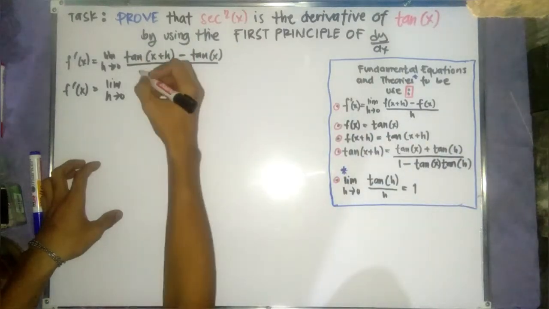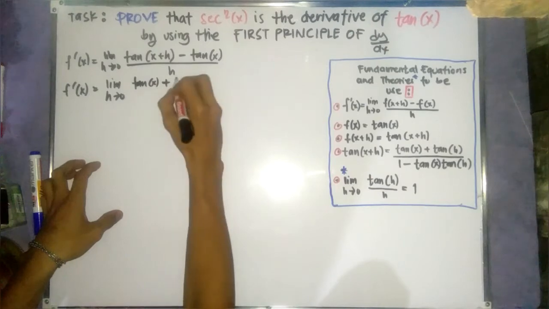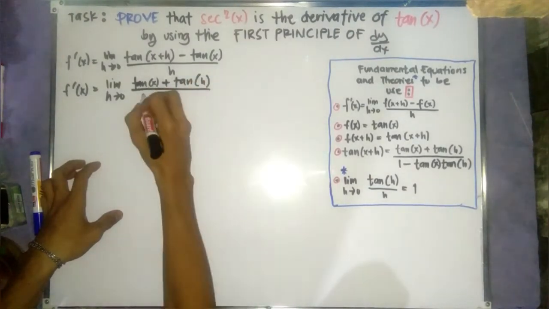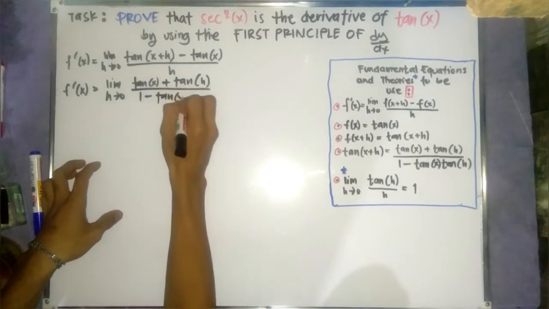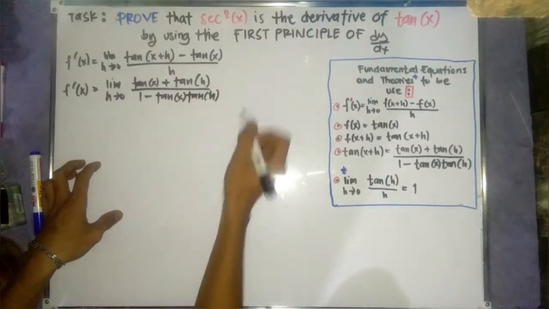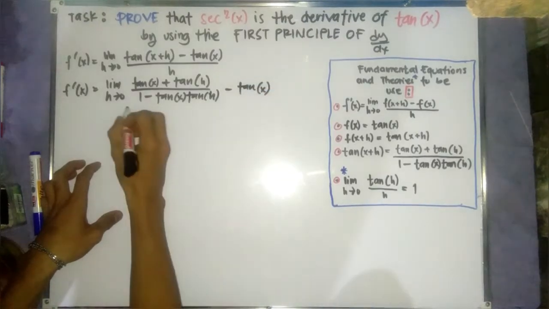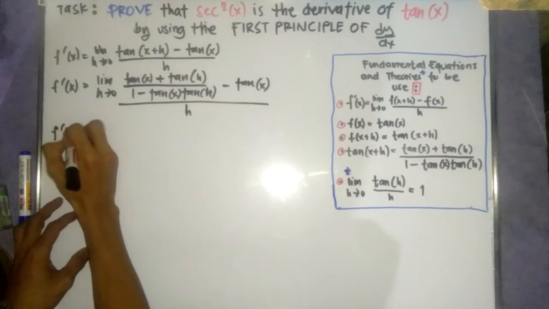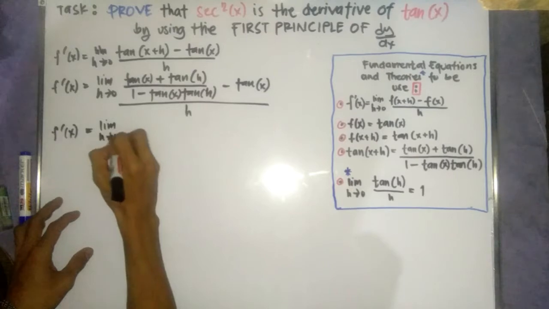So we have to expand. Tangent x plus tangent h all over the quantity 1 minus tangent x times tangent h minus the initial function tangent x all over that is h. Sunod, limit as h approaches 0.